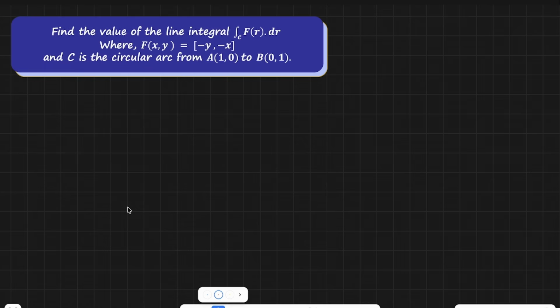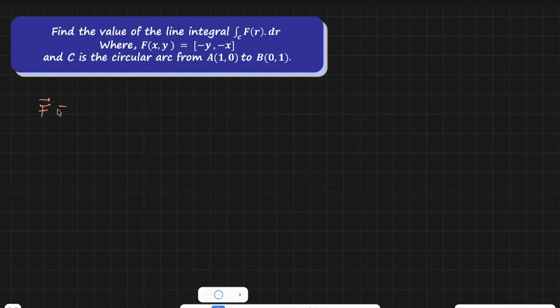Now come to the next point. Let's say the next question is related to F equals minus y i cap minus x j cap, and here the curve is not given. Okay, again find out the value, and here the circular arc is given. So let's say I have this F. What is your F?